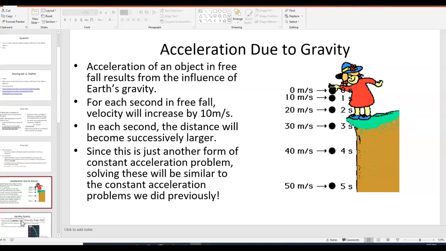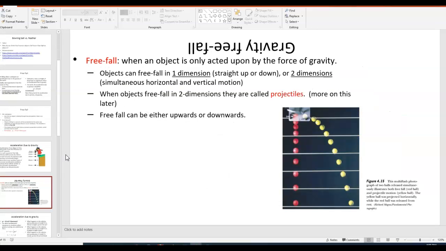Now there's two types of problems involving free fall. You have your basic free fall problems, which just involve objects moving straight up and down, one-dimensional problems. And you also have what's called a two-dimensional problem, or projectile motion problem.